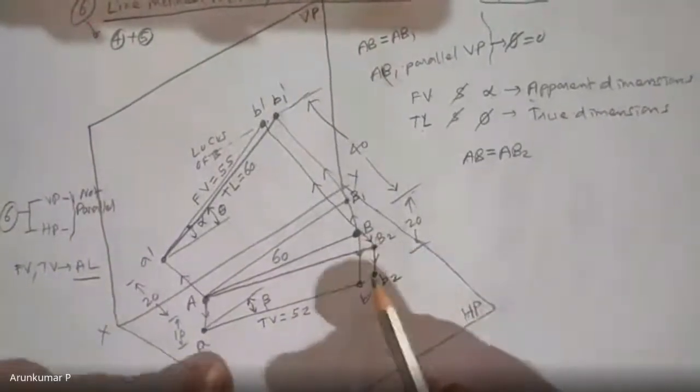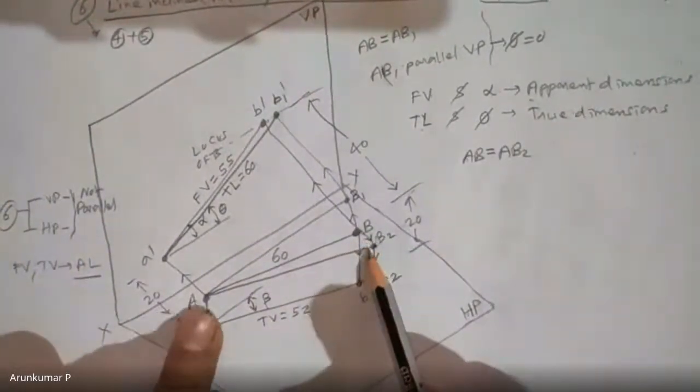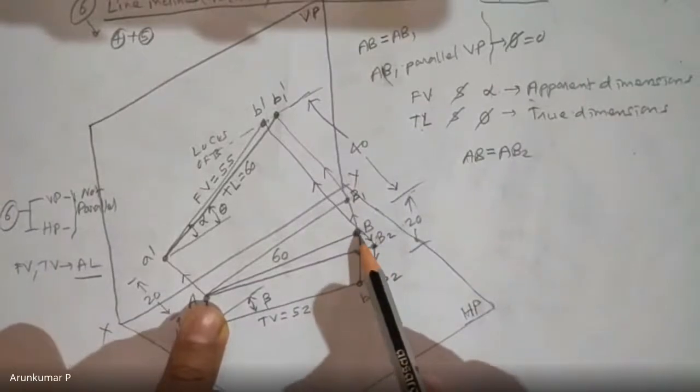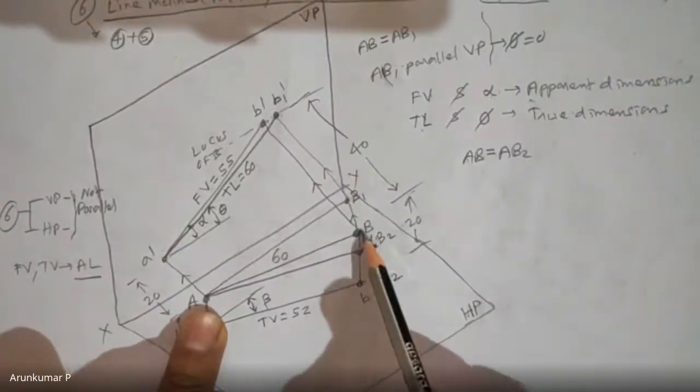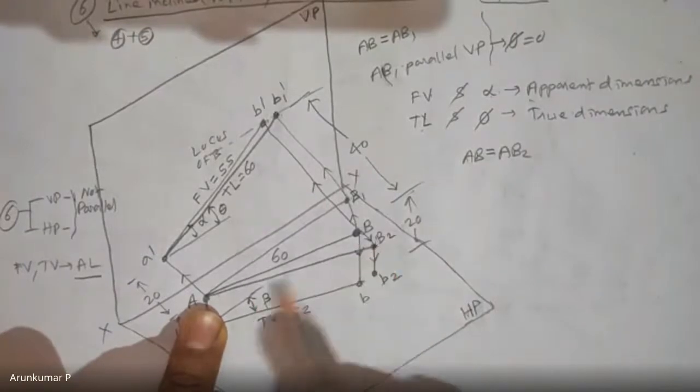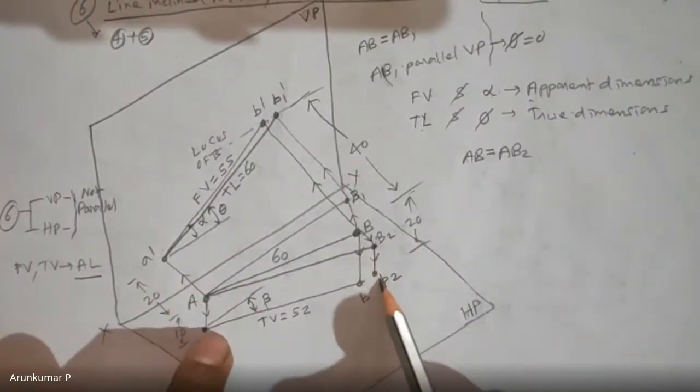So what I've done here is I have fixed the end A and I've rotated the end B to a new position B2. Now this AB2 is parallel to HP.